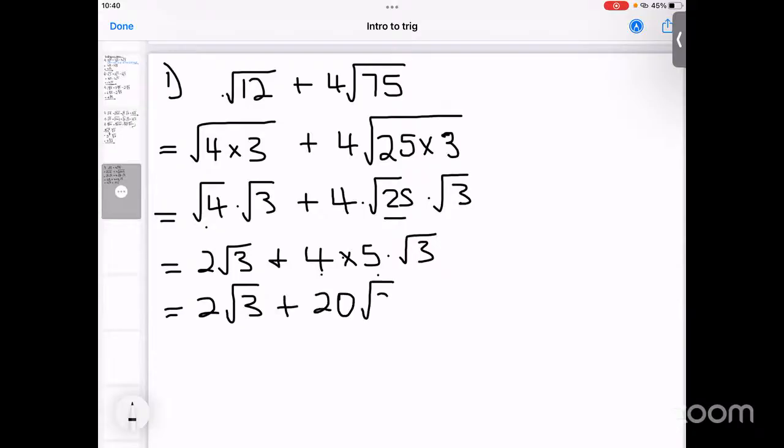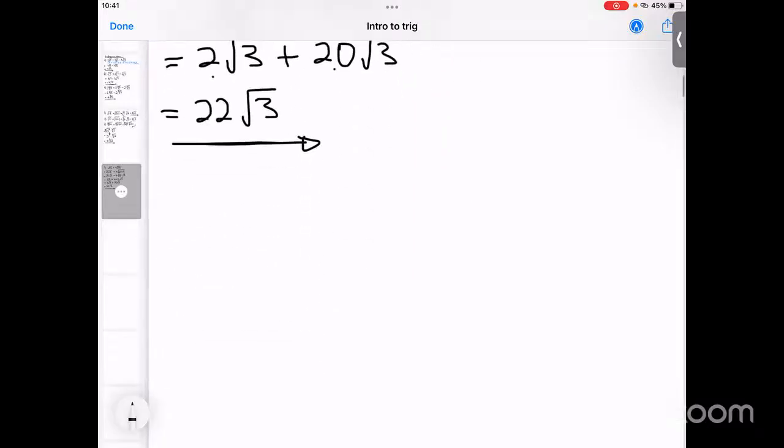Yes, it definitely should be 20, whereby this plus that is 22, and then 22 square root of 3. This should therefore be the end of it, if you get my point. Okay, it is as easy as that.